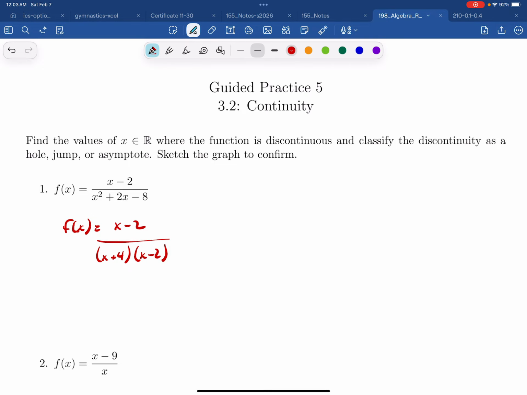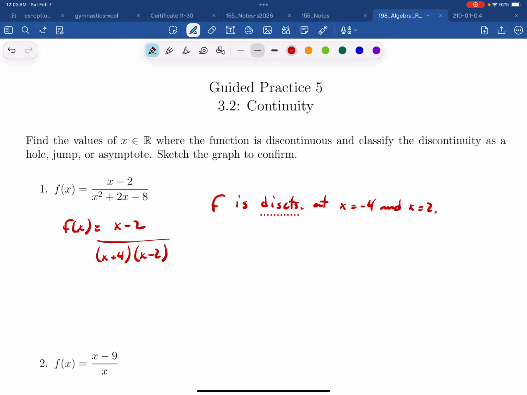When we factor that, you'll see that that works. So we have potential issues, right? We have an issue with x equals negative 4, and we have an issue with x equals 2. So we will say f is discontinuous at x equals negative 4 and x equals 2.